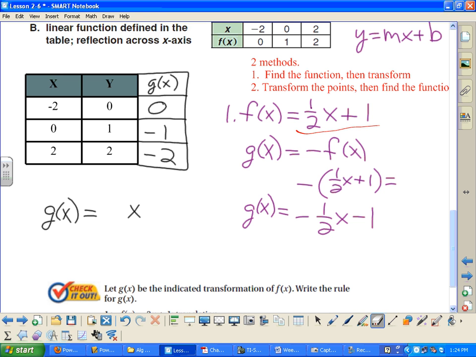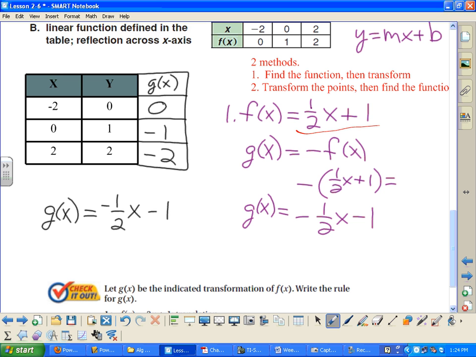Okay, so we got -1 here. And now what's our slope? Okay, the slope, the y values are going down 1 as the x values are going up 2. So that would be -1/2, right? Which is what we got here.